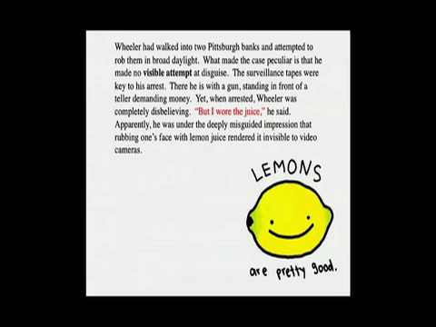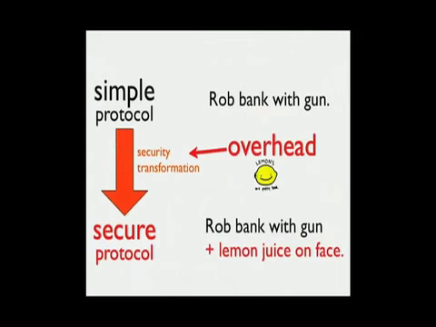So if you cover yourself with it, you also become invisible, like some metamaterial that bends light around you. So of course, this was his protocol: he robbed the bank with the security transformation of lemon juice. But it didn't really work out. Let me try to break down some of the reasons why. This is a compelling example, and social psychologists have come up with other explanations for this type of behavior.